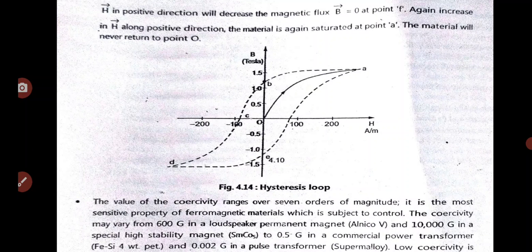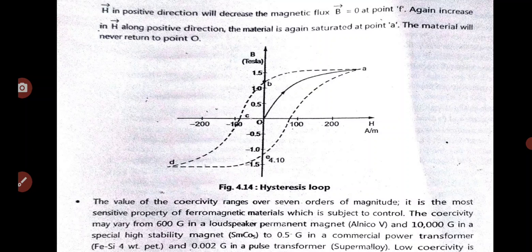So this is the path traveled by the curve: A to B, B to C, C to D. The path from B to C reduces the magnetization property.